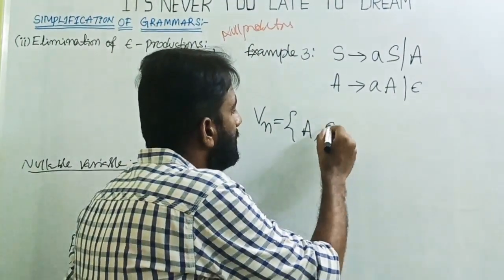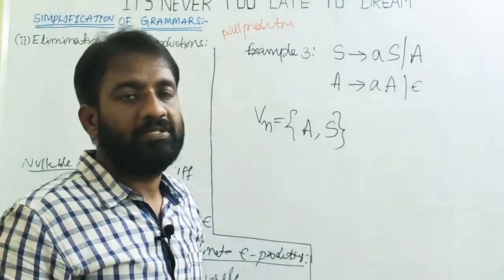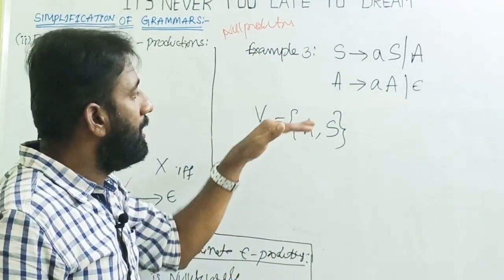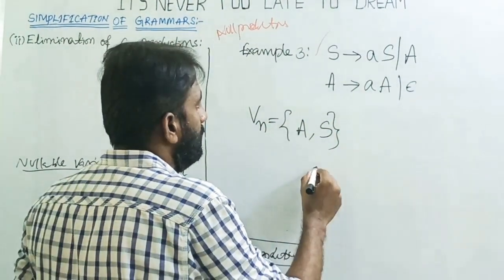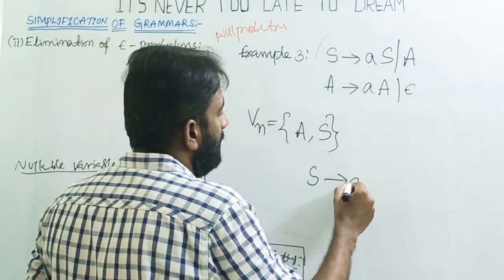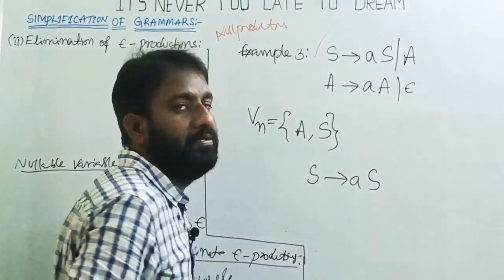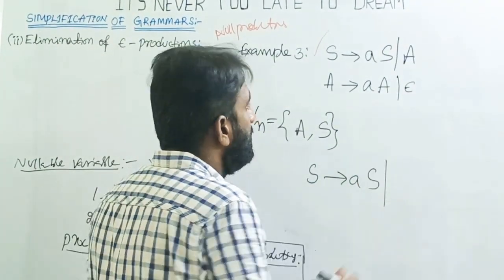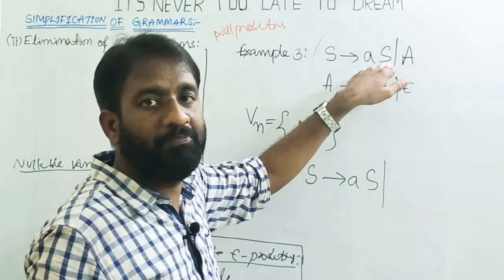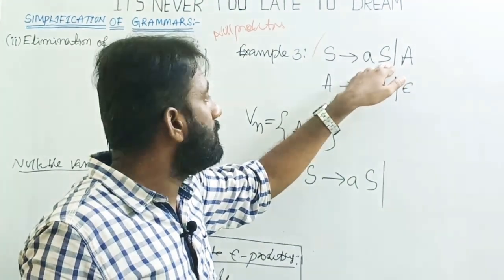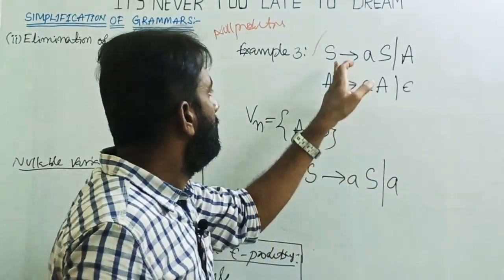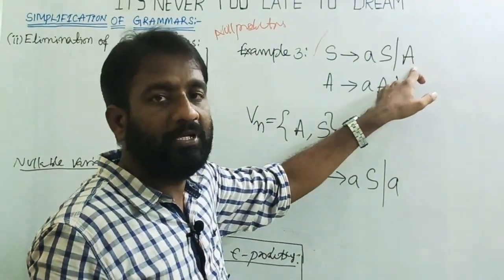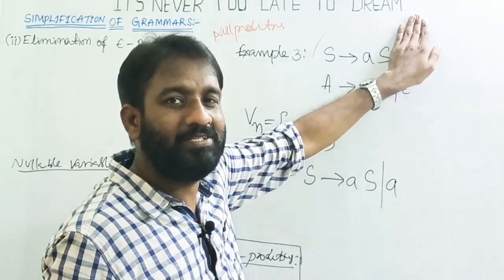So yes. Next, remove the epsilon production. Take the first production. So S tends to A. Slash. If I replace S with epsilon, what is there only? A. Then next production, S tends to capital A. If I replace A with epsilon, what is there?